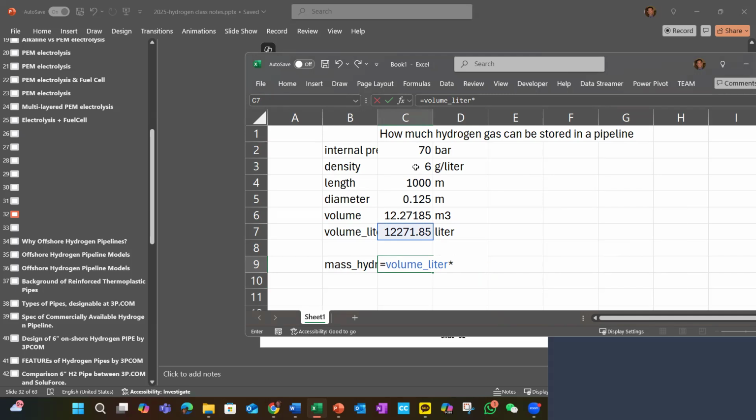Density is gram per liter, so this is the gram. Now it can be converted into a kilogram, so simply divide by 1,000, and this is the kilogram. As you can see, about this much diameter and this much length, 1 kilometer, we can have 73 kilogram of hydrogen.